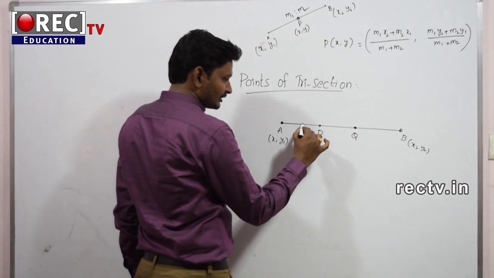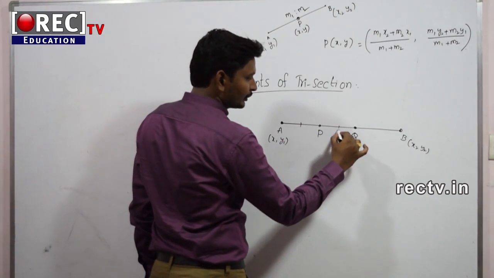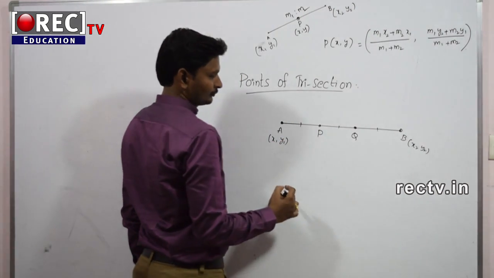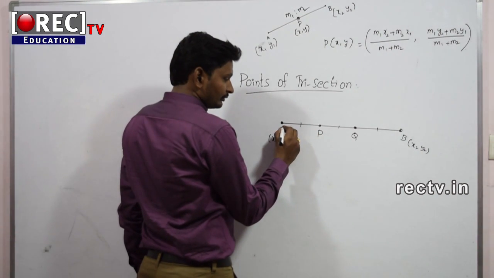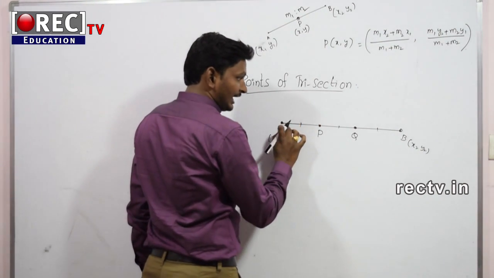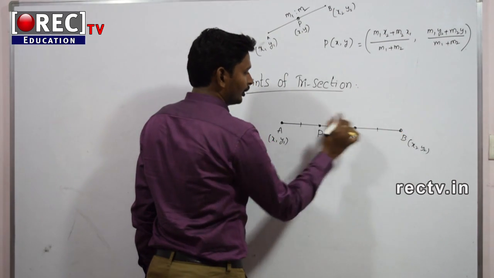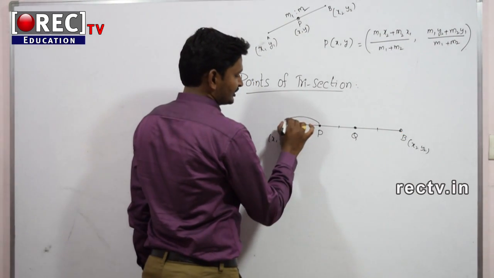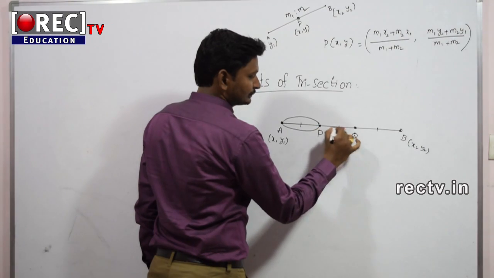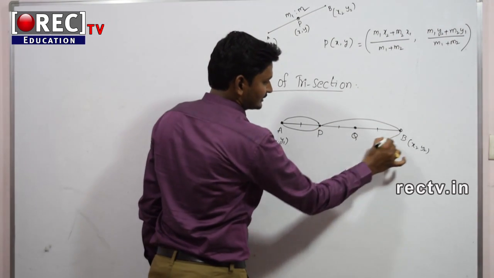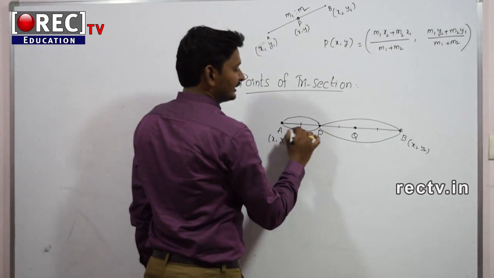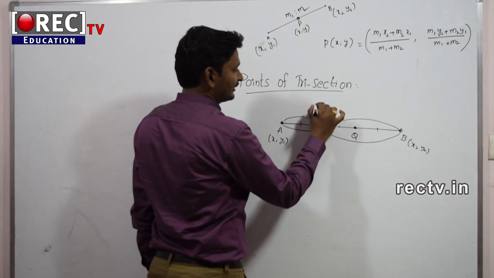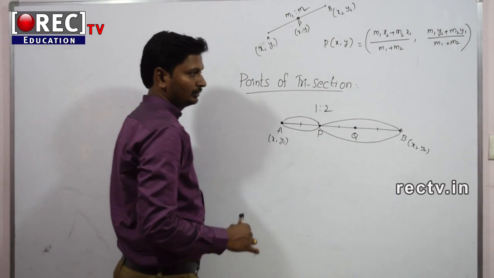So here AP is equal to PQ is equal to QB. That means P divides the line segment AB in the ratio 1:2. Here AP is one part, and PQ and QB are two parts. That means P divides the line segment AB in the ratio 1:2.